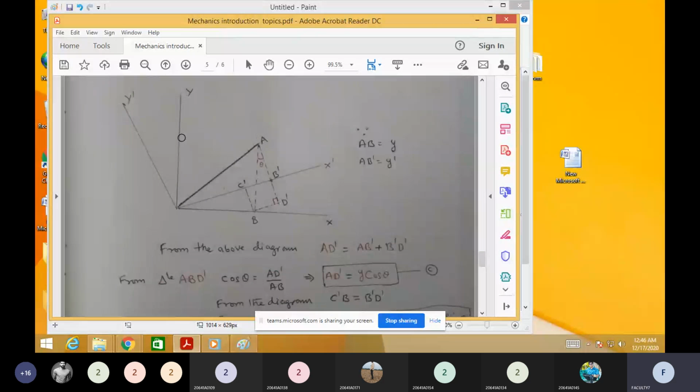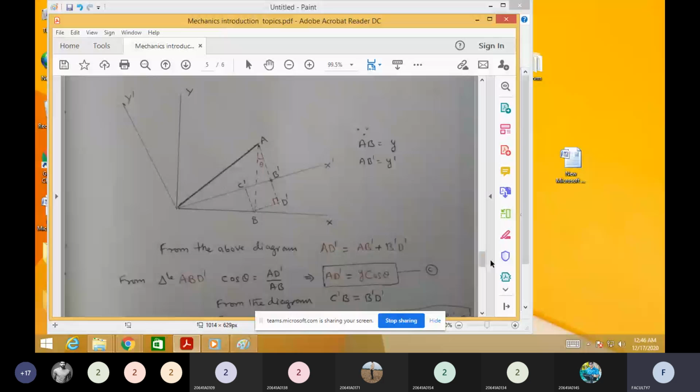Now regarding y dash, we changed the projections to avoid confusion. So we redrew the same diagram with a vector here, and these are the two frames. Red color marking is the second frame, and black color marking is the first frame. To get the value of y dash, we are considering this diagram, redrawn with certain other projections.